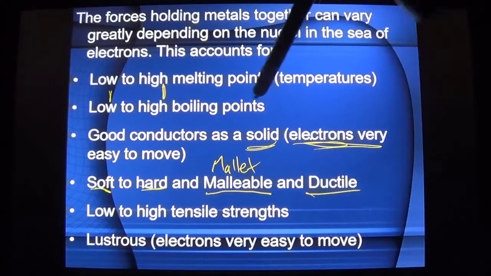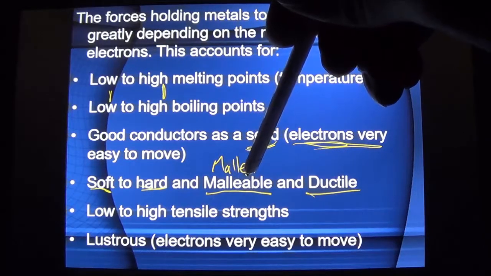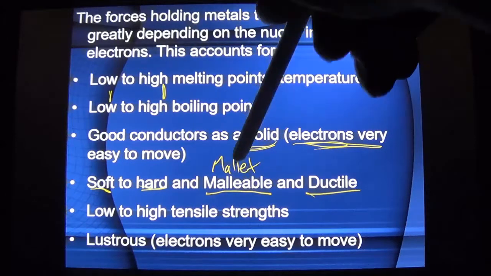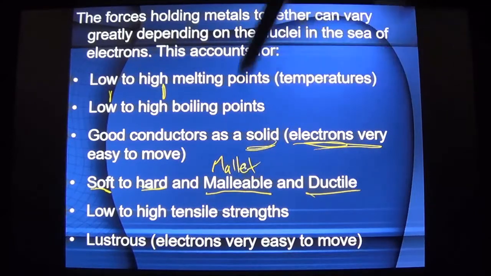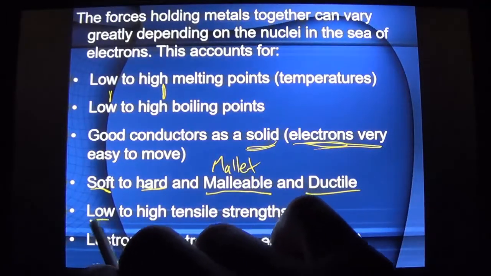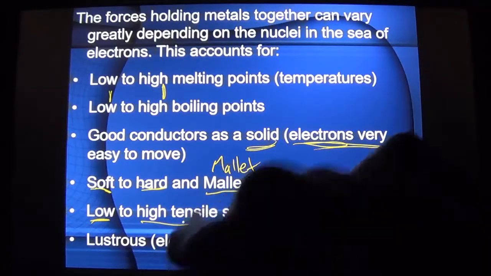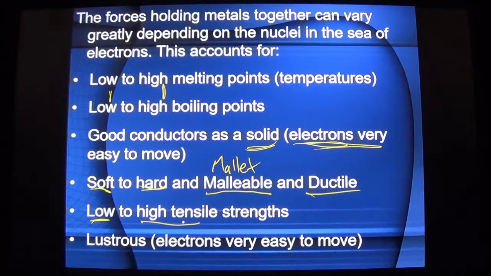So, ductile, stretched into wire; malleable, they can be hit with a hammer and they will bend, not break. Now, sure, there might be a point in which some metals break, but they will start bending first. Again, it's hard to generalize, but some have low tensile strength, some have a very high tensile strength, which is why we build buildings out of steel.